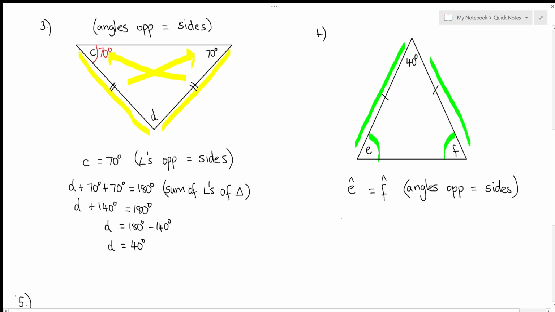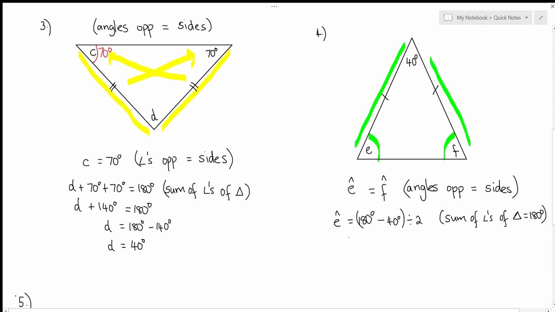So we're going to work out, we're given 40 degrees, so we're going to work out one of these. We're going to say angle E is equal to 180 degrees, subtract 40 degrees, and because they're equal, we're going to divide by 2. And here we will say sum of angles of triangle equal to 180.